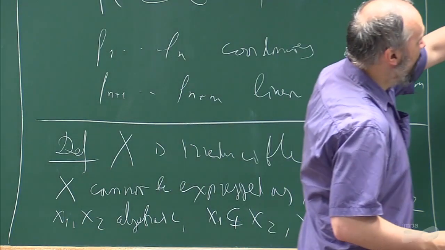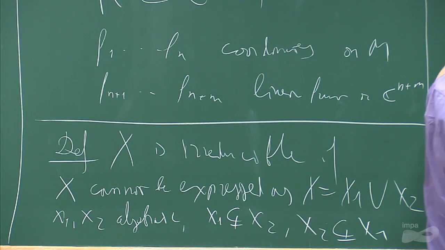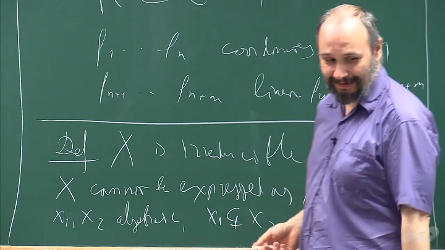It's like that: you have xy equals 0. There are two lines, so it is a union of two lines.